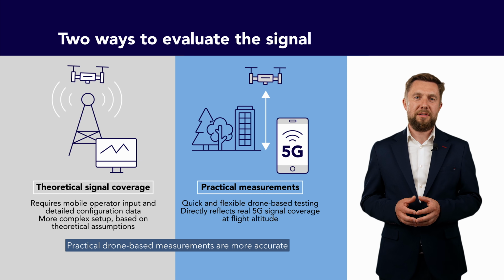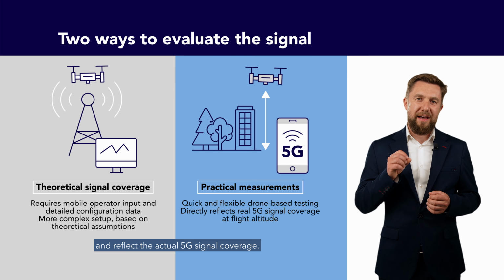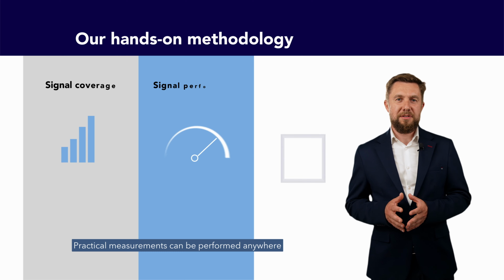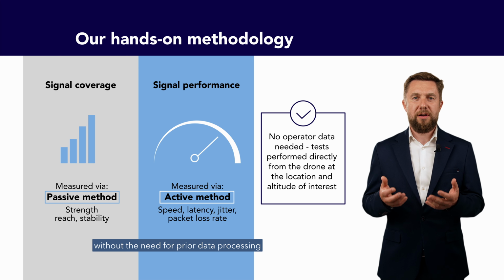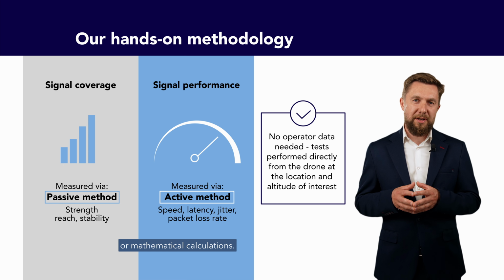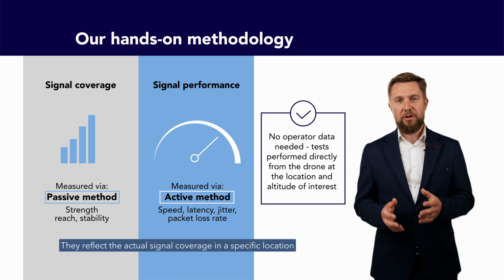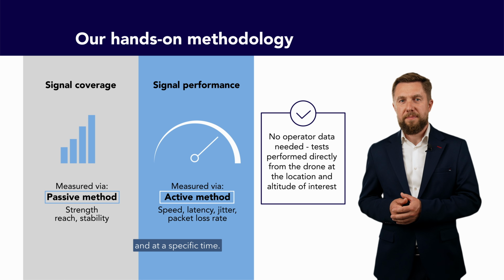Practical drone-based measurements are more accurate and reflect the actual 5G signal coverage. Practical measurements can be performed anywhere without the need for prior data processing or mathematical calculations. They reflect the actual signal coverage in a specific location and at a specific time.